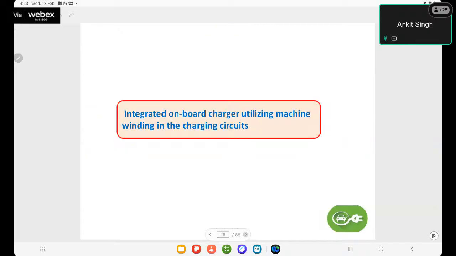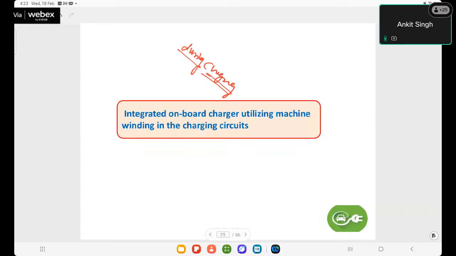So now I will come to another different type of onboard charging solution, which is used in the electric vehicle. As we know that during charging, the converter which is used for the propulsion operation is not utilized.